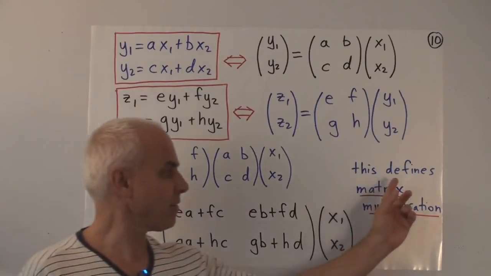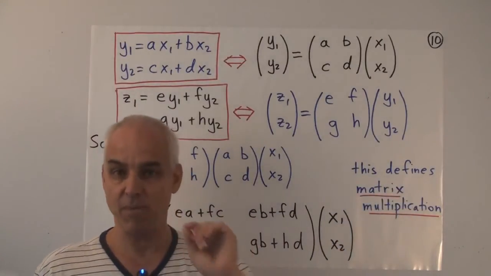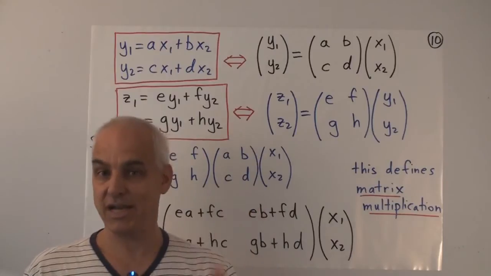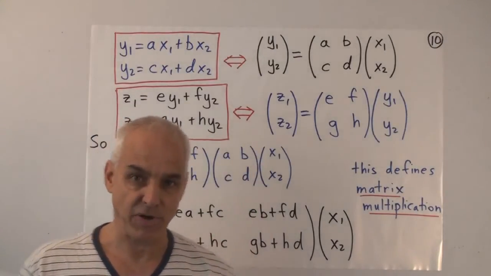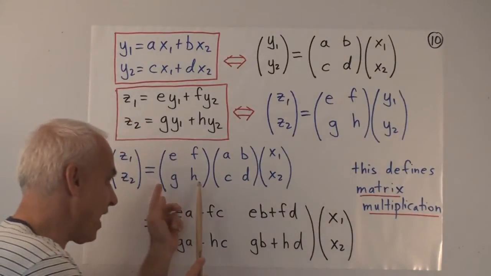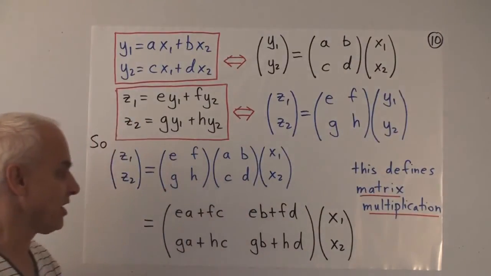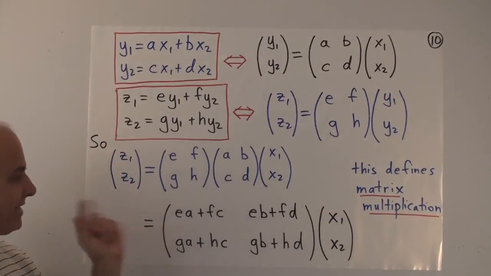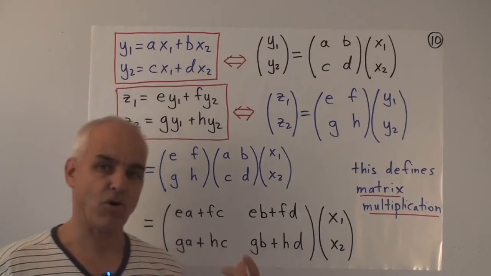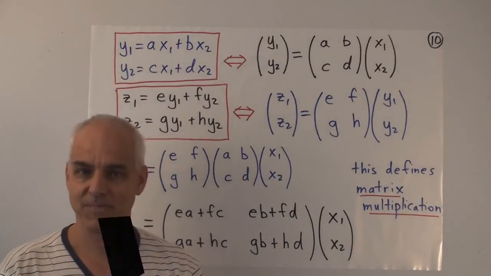So the product of two matrices is forced upon us by our earlier understanding of changes of variables. It's not something that we're going to make up arbitrarily. We are going to define the product of this matrix times this matrix to be this matrix here. But we prefer to write it in a little bit more efficient or concise way.